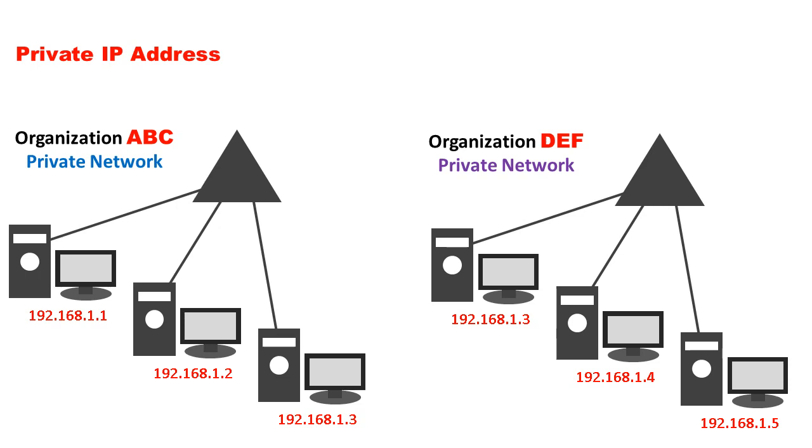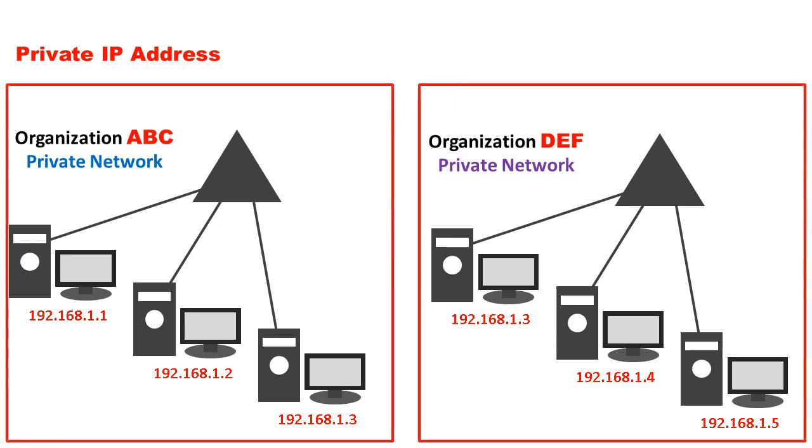The private IP addresses assigned to one organization can be the same as the IP addresses assigned to another organization, but there will be no ambiguity in identifying those devices uniquely because private IP addresses are restricted in use to inside the organization. Private IP addresses will never communicate with the public IP addresses, and the private IP addresses of one organization cannot communicate with the private IP addresses of another organization.